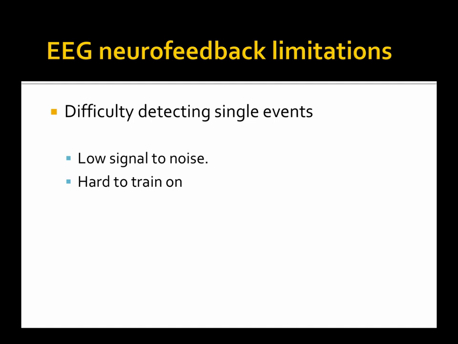Even so, once you have the average of the full run or the characteristics of that wave, you can try to use those features to detect what's going on, but it requires training. So the signal to noise is low, and as I said before, it's hard to train the subject.